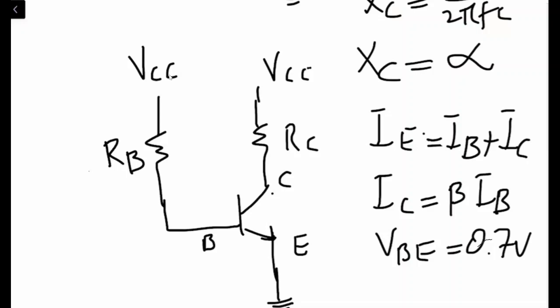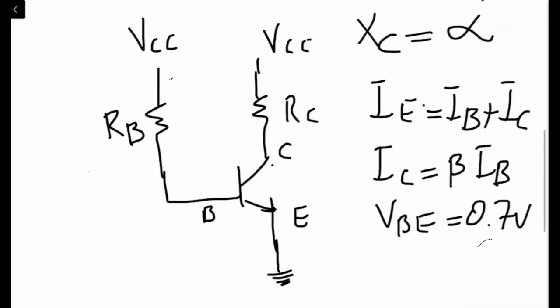With this, we also know this thing that for any circuit, there is the input side as well as the output side, right? So from this circuit, we have a current which is flowing in the base of the transistor as IB over here.